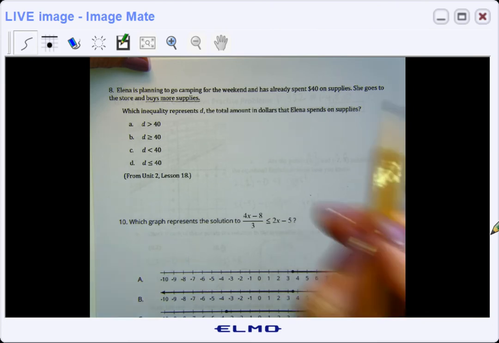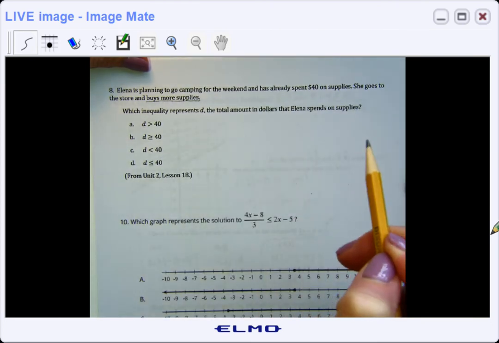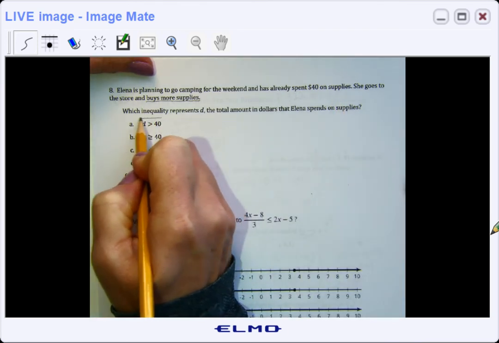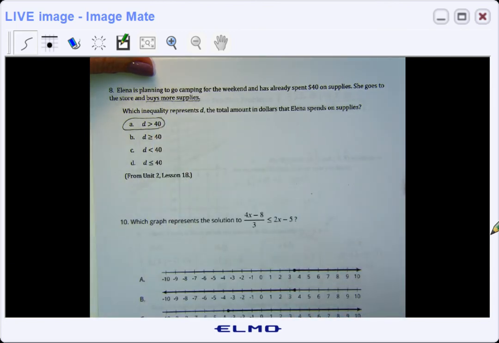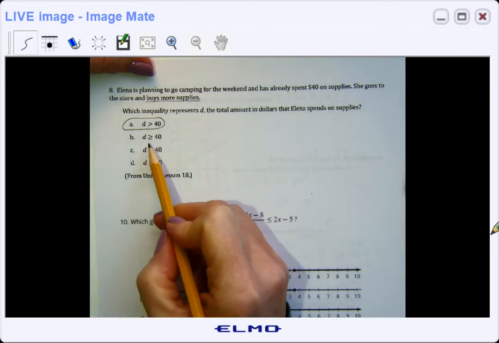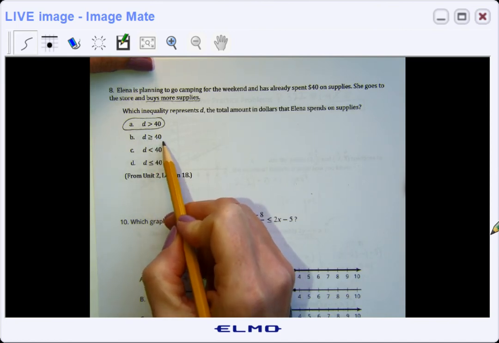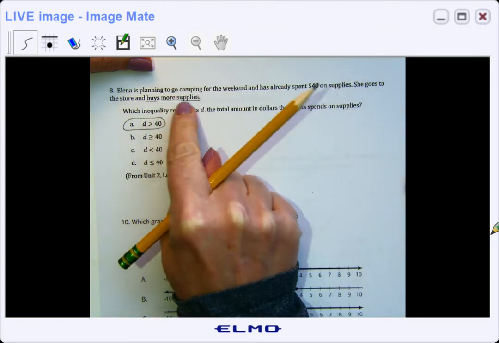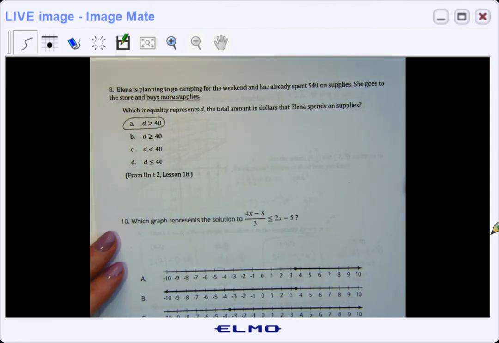And so if D is the total amount in dollars that she spends on supplies, then this is the inequality that represents that. And you might think, oh, it's greater than or equal to. It's not. It's just greater than because she's already spent 40 and she's going to buy more. So it has to be more than 40 since she's already spent that much.